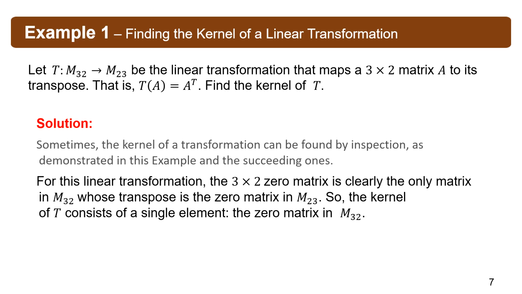If any element of the matrix is not equal to zero, once you transpose it, of course, that will not be equal to zero anymore. So everything must be equal to zero, and once you transpose, it will also be equal to zero.